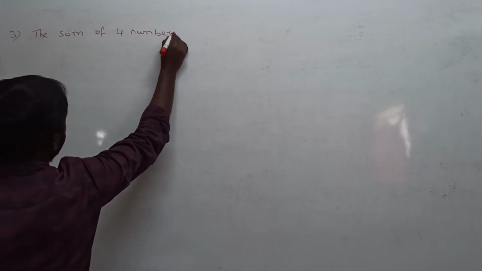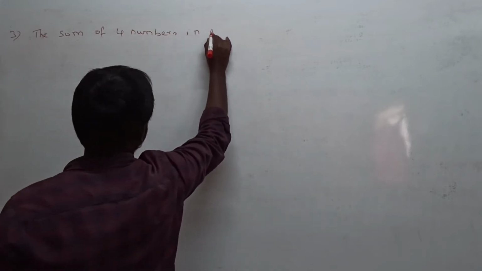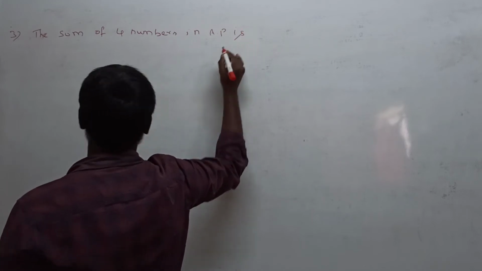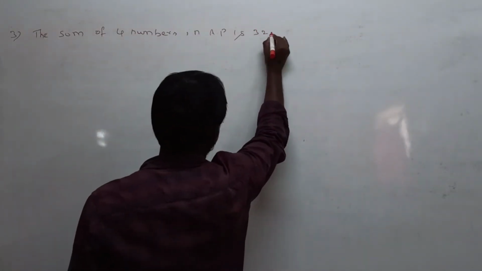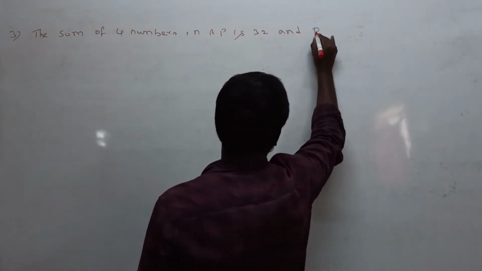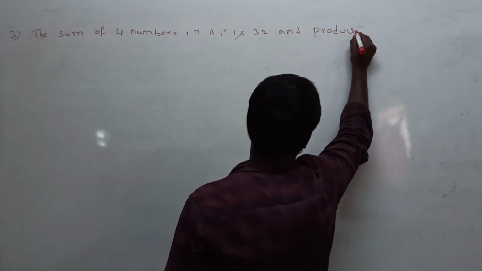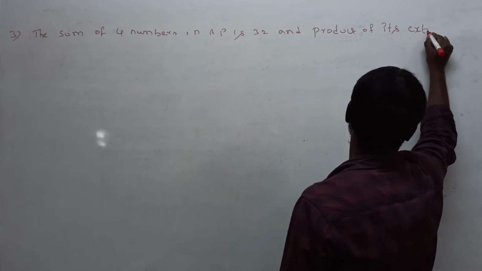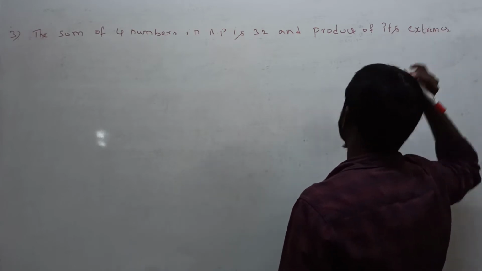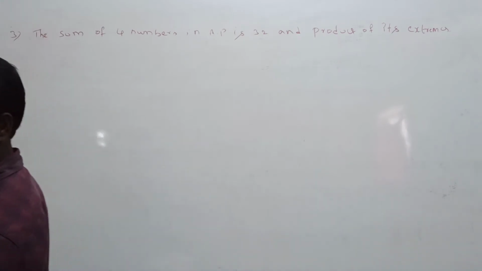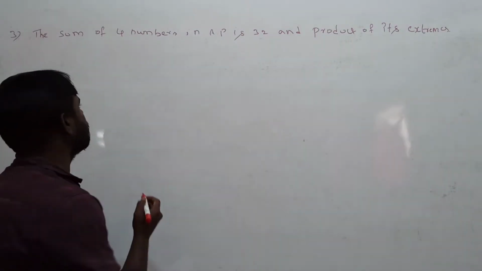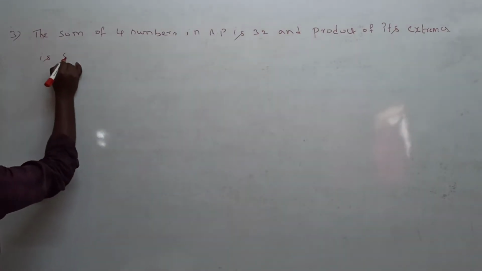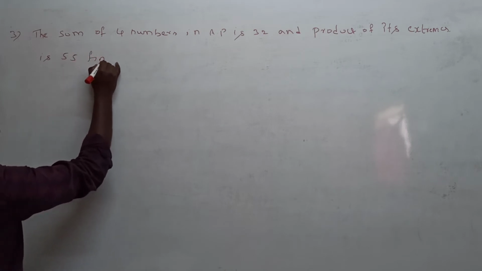The sum of four numbers in arithmetic progression is 32 and the product of its extremes is 55. Extremes is nothing but the product of the first element and the last element. Find the numbers.